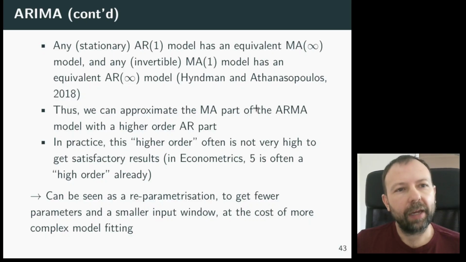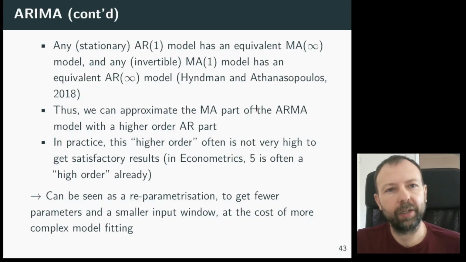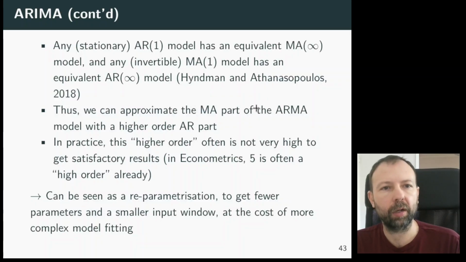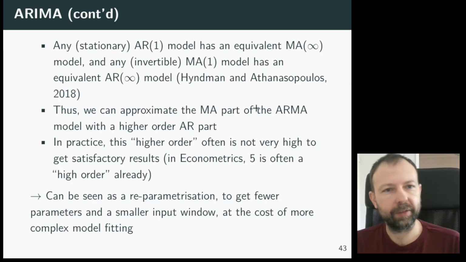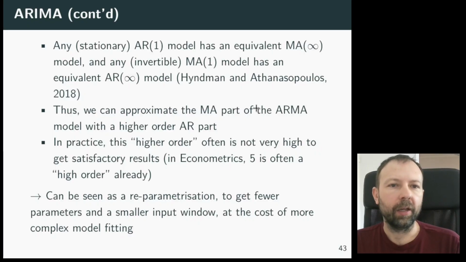Okay, so there is this very important result in the literature, that any stationary AR1 model has an equivalent MA infinity model, and any invertible MA1 model has an equivalent AR infinity model. And what that means for us is we can approximate the MA part of the ARMA with a higher order AR part.